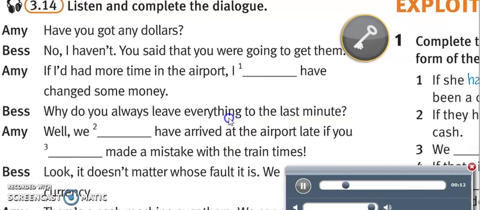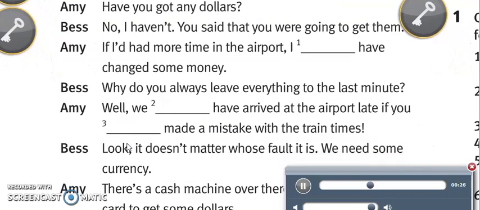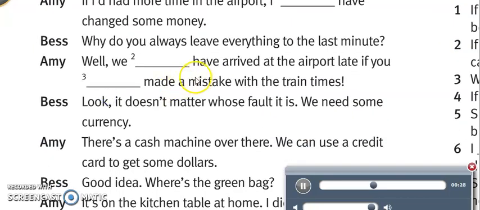Have you got any dollars? No, I haven't. You said that you were going to get them. If I'd had more time in the airport, I would have changed some money. Why do you always leave everything to the last minute? Well, we would have arrived at the airport late if you hadn't made a mistake with the train times. It doesn't matter whose fault it is. We need some currency. There's a cash machine over there.